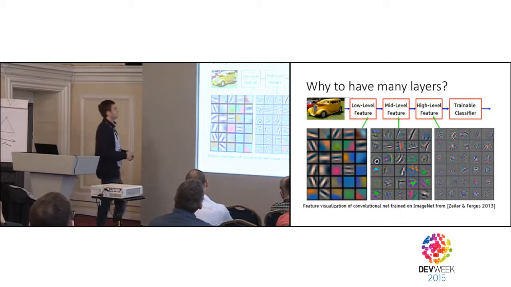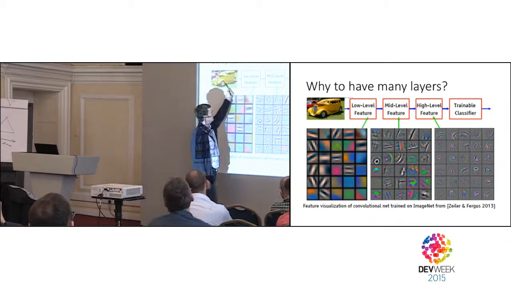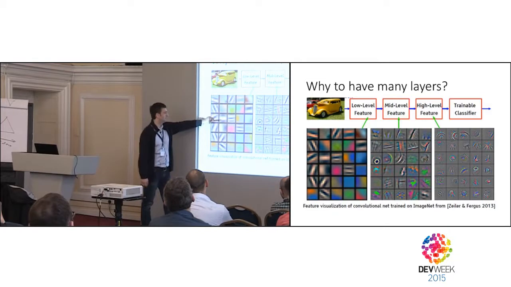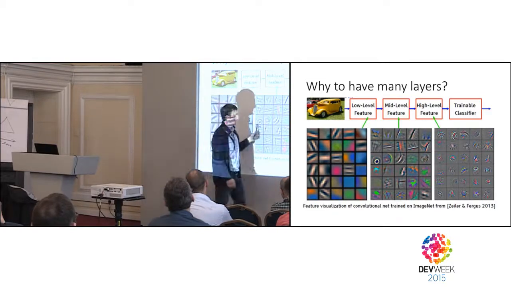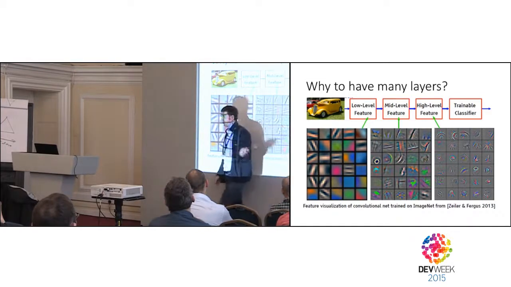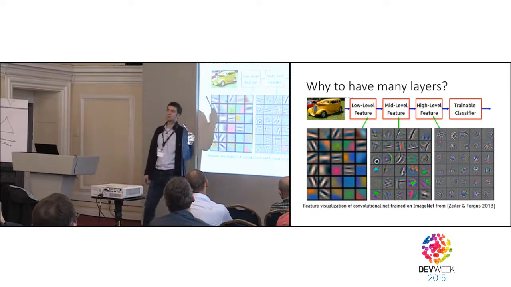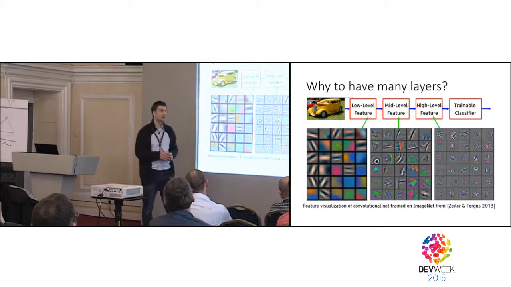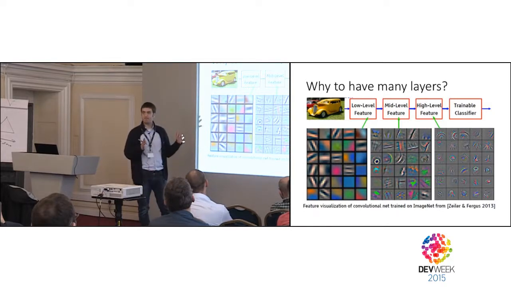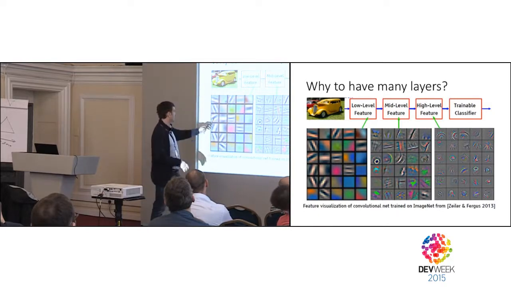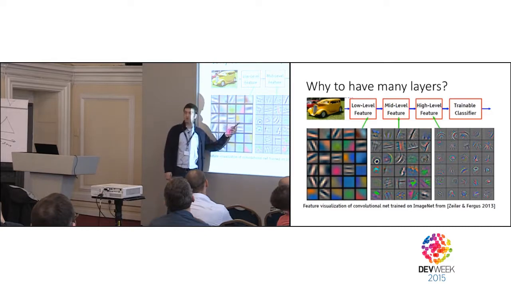Okay, well, don't pay attention to this car at the moment. Pay attention to these color pictures. These color pictures represent weights of the neurons after the neural network was trained. Each of the small squares is one of the neurons in the neural network. Basically, we visualize the weights of the neurons in the neural network.